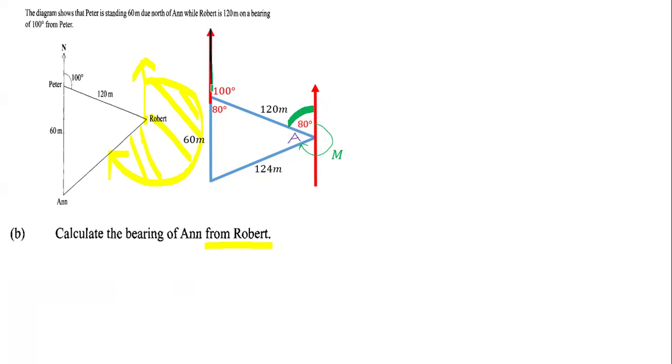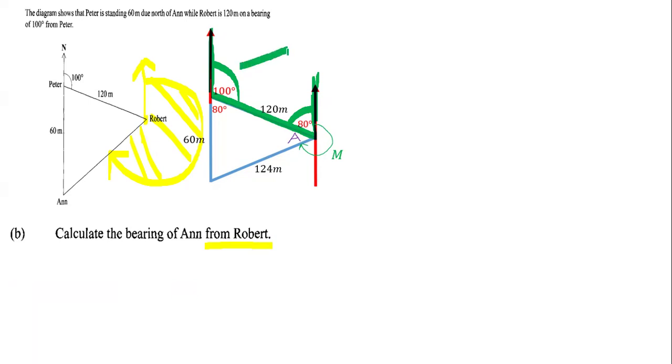If you notice that this right here and this form a C shape, what do we know about when we have a C shape?